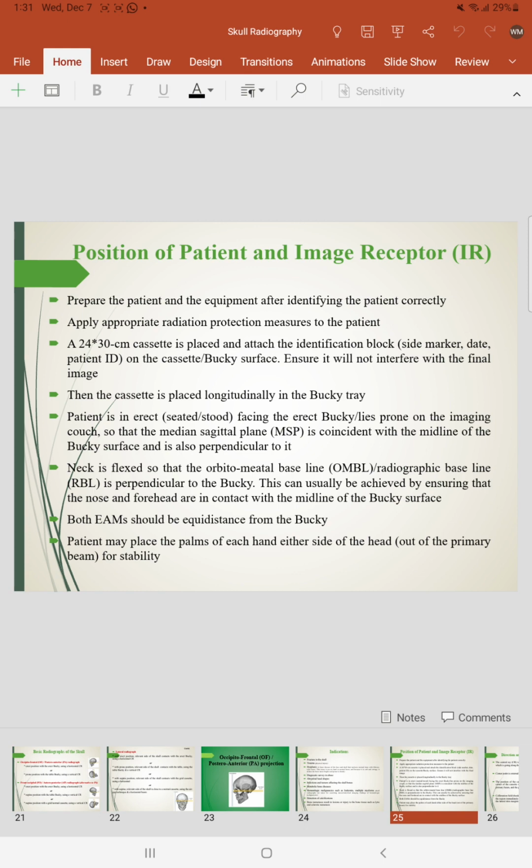This can usefully be achieved by ensuring that the nose and forehead are in contact with the midline of the bucky surface. Both TMs should be equidistant from the bucky. Then the patient may place the palms of each hand either side of the head, out of the primary beam, for stability.